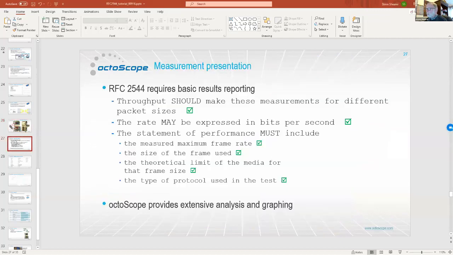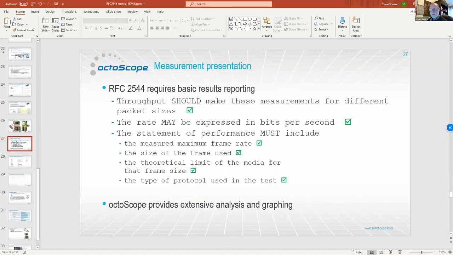Okay, so one of the other evolutions, I think one can say, is the depth of reporting that we generally do today in the Wi-Fi industry. Back in the early days of 2544, the reporting requirements were very simple, very limited.